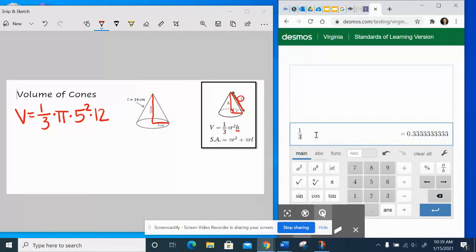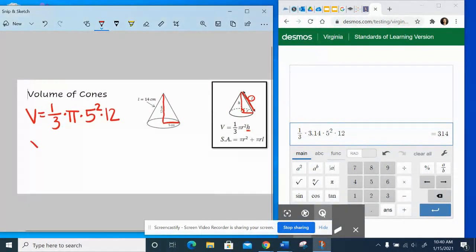And we're going to multiply that, so times pi, which is 3.14, times 5 squared, so times 5, and I'm going to hit the squared key, and then times 12. And when I do that, my answer is 314. So our volume of this particular cone is 314.